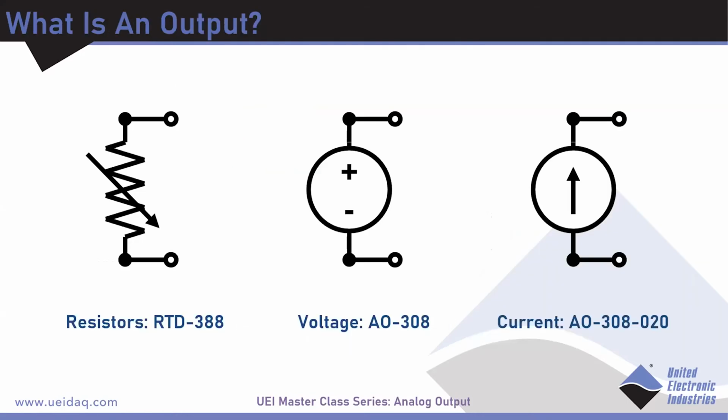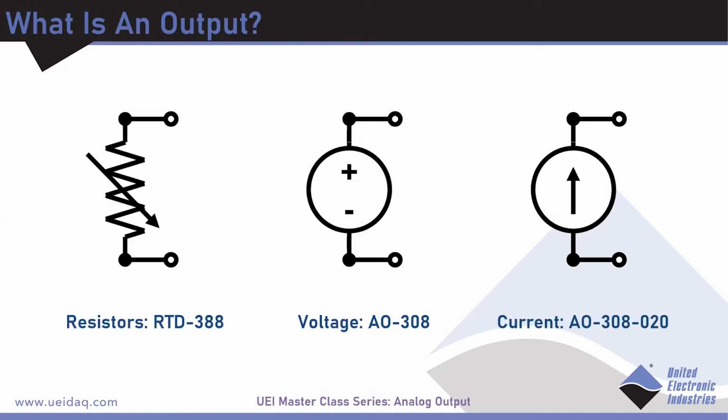So let's bring it all back together with a talk about what an output really is. Up until now, in this part of the presentation, we've talked about how an output is a voltage. But we can output much more than that if we shift our thinking. An output can be a current source, and we provide that using our AO20 and various other cards.